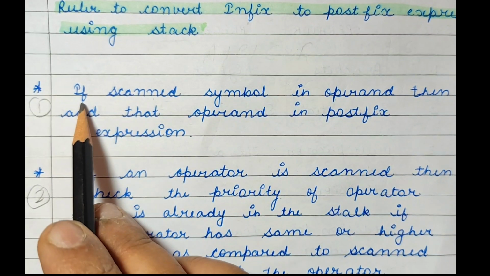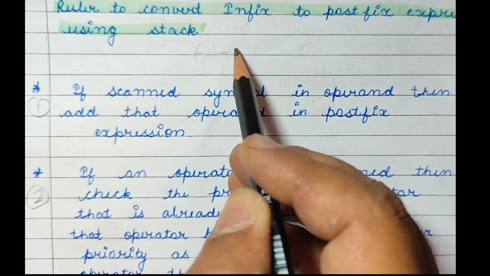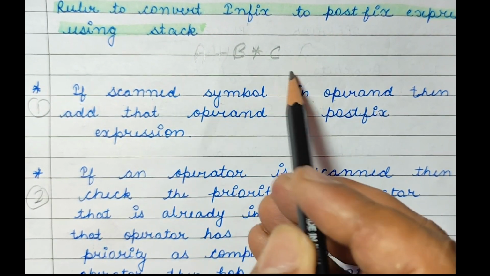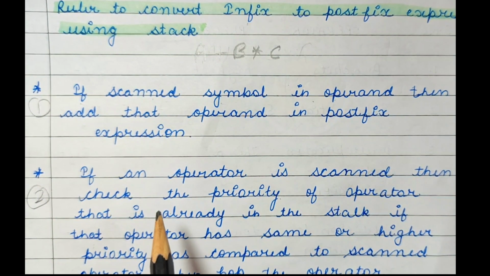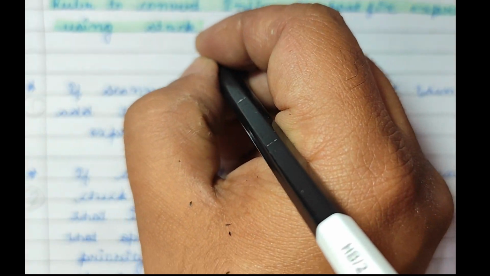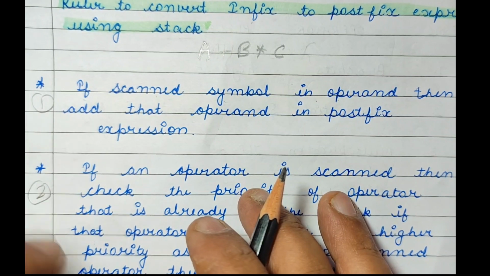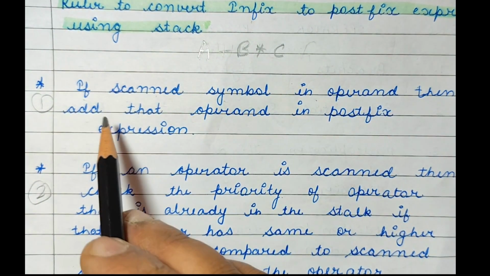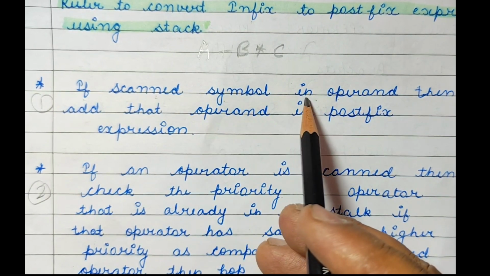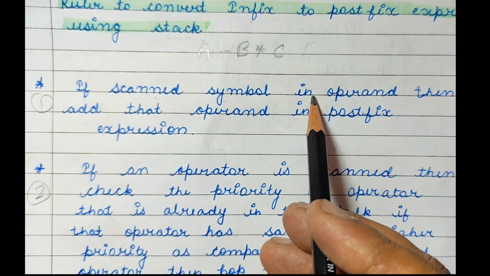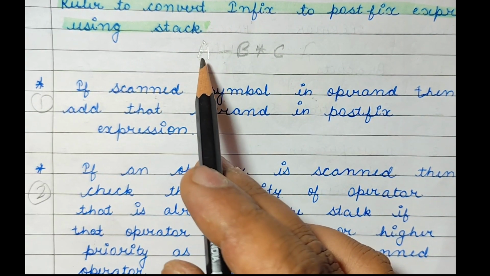Now the first rule is, if a scanned symbol is... suppose we have some expression like A plus B multiplied by C. Suppose this is our expression. Now the first rule is, if a scanned symbol is an operand, because in an expression we have operands and operators.